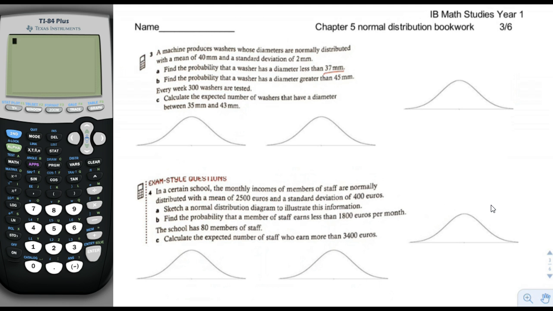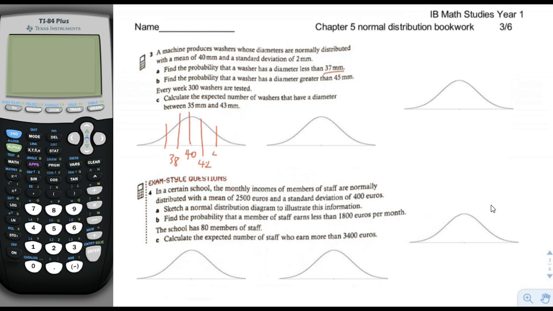So let's do that. We're going to draw that the mean is 40, so the middle number is 40, and the standard deviation is 2 millimeters, and so the first line here is going to be 42 millimeters, the left line is going to be 38, and so on.